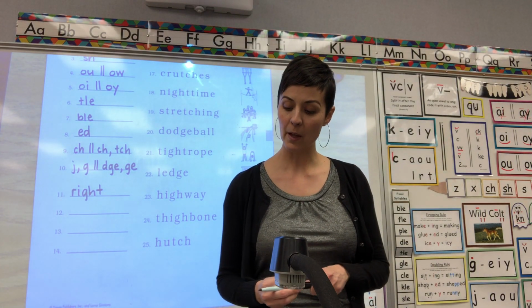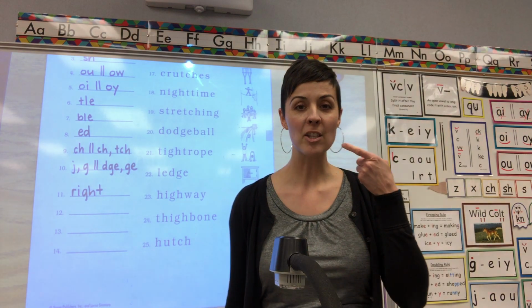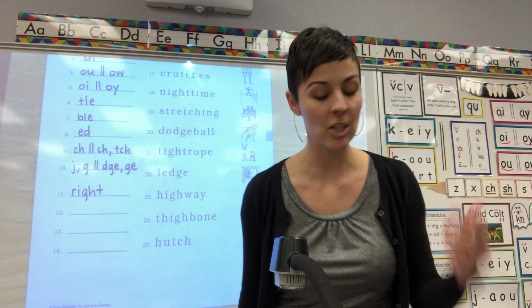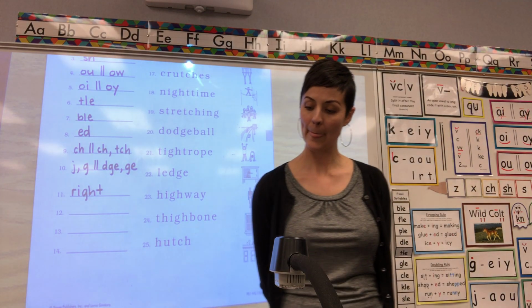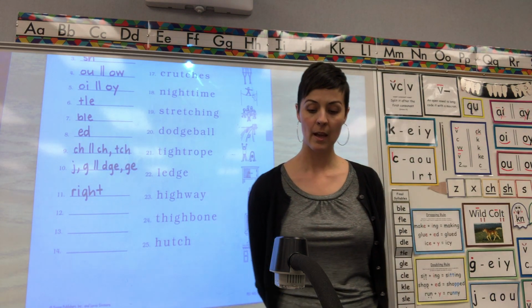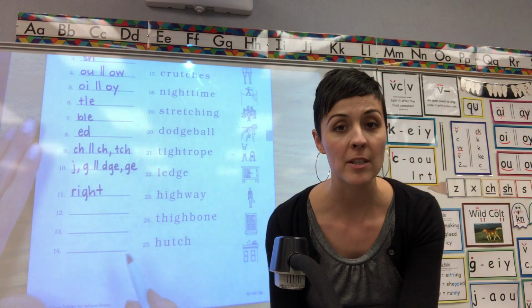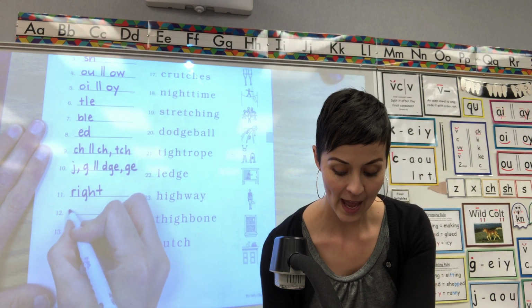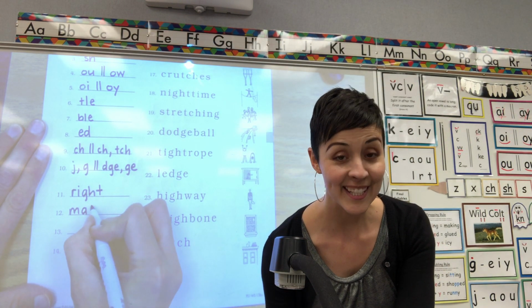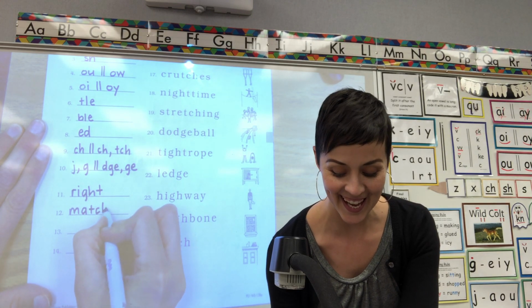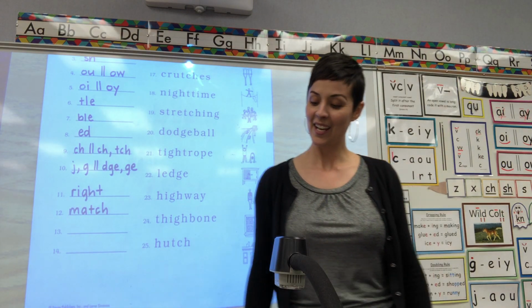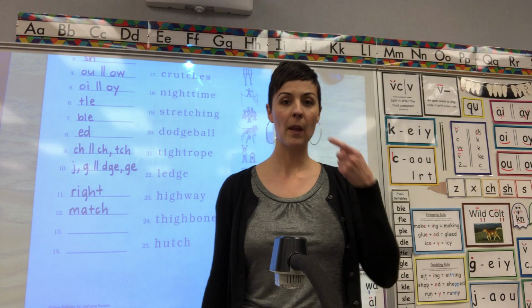Next word, spell for me the word match. What word? Match. Okay, will you spell match starting M? Ready? M-A-T-C-H. You got it, match. Next, spell for me the word bridge.